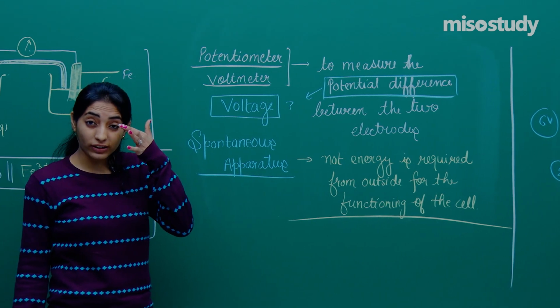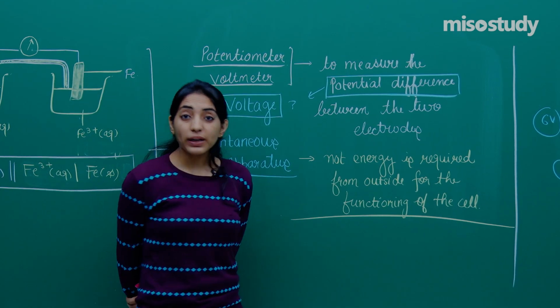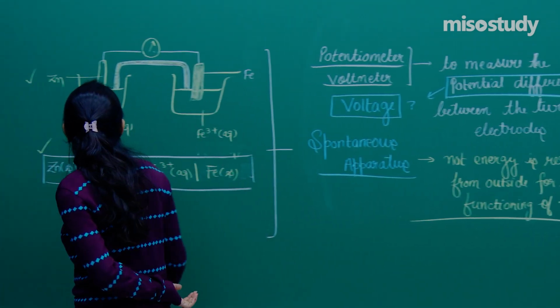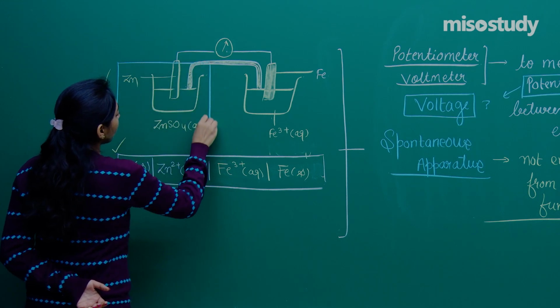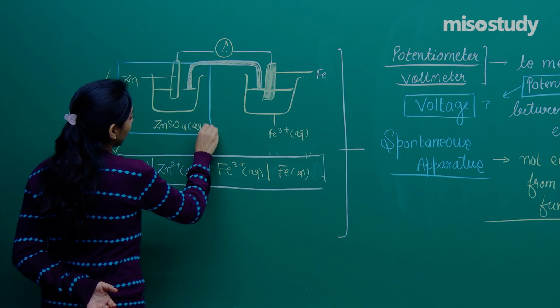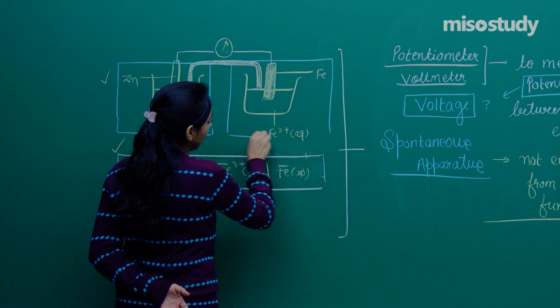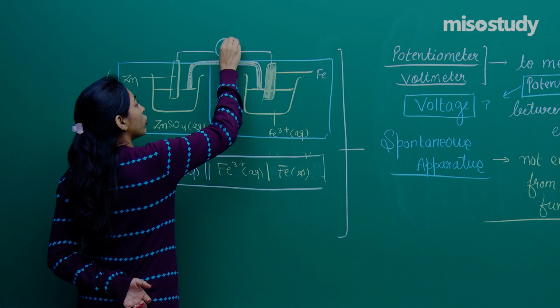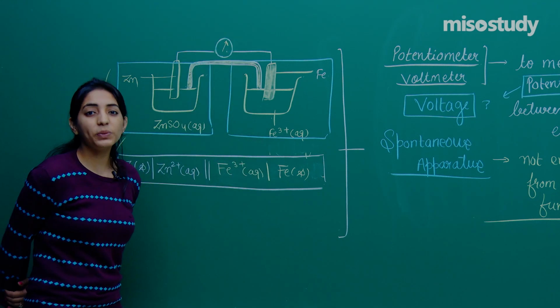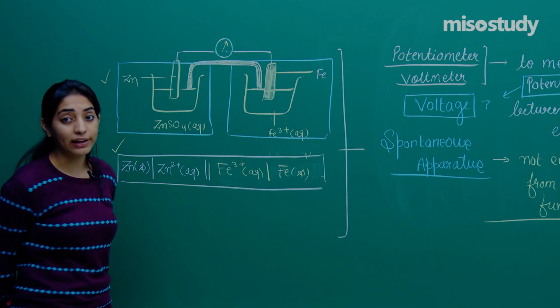What is the power of the cell? What is the voltage of the cell, right? And this we are going to study now. That means if I am taking a particular anodic compartment and a particular cathodic compartment, and now I am keeping a potentiometer or a voltmeter here, the voltmeter or the potentiometer will not always give the same value.